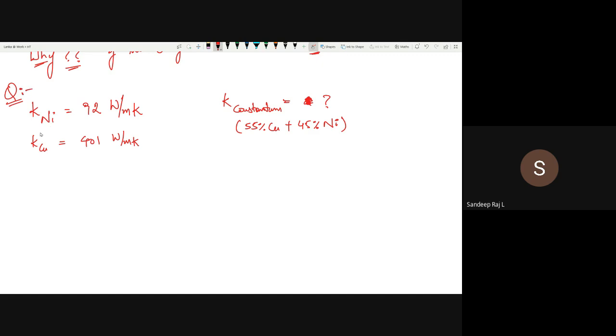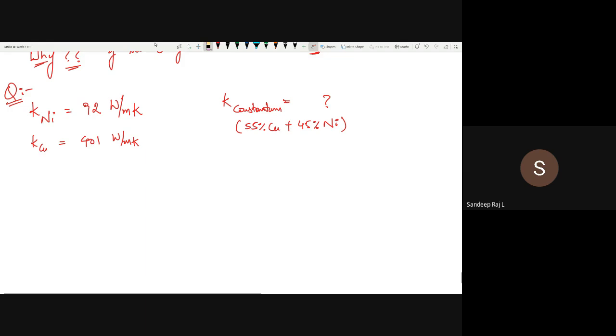Anyway, I will repeat the question here. K of nickel is 92 watt per meter Kelvin. K of copper is 401 watt per meter Kelvin, and you made an alloy here that is called constantan. What is its thermal conductivity?